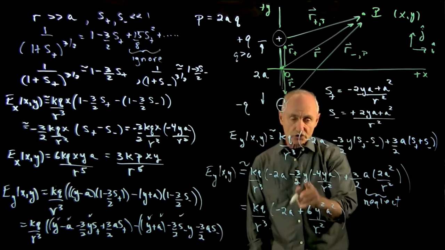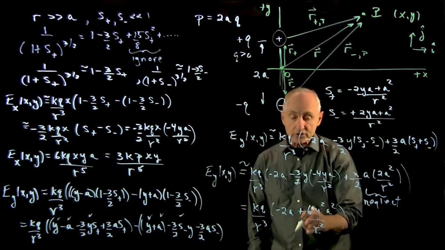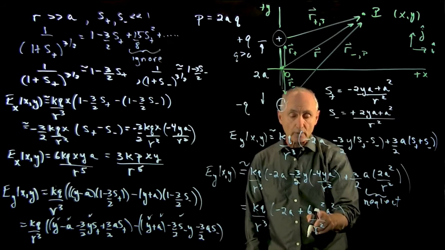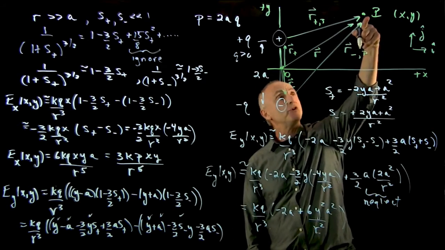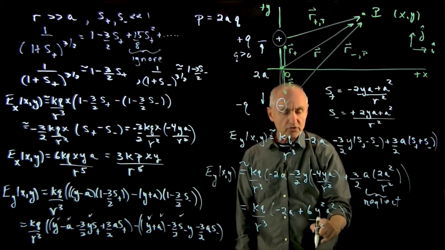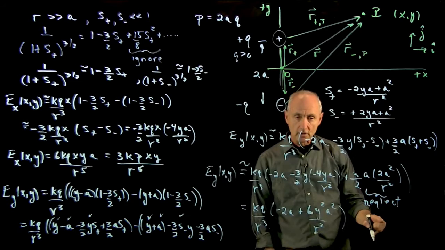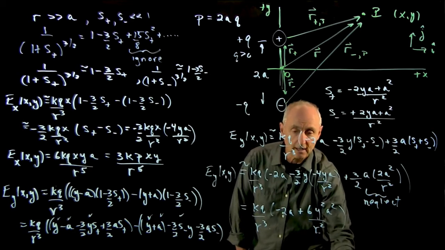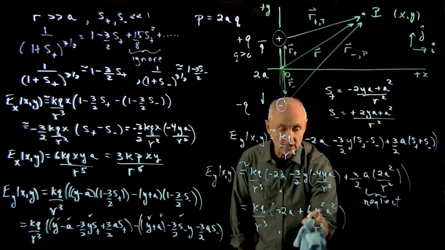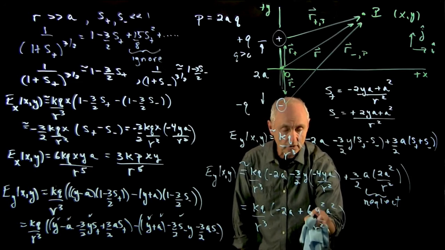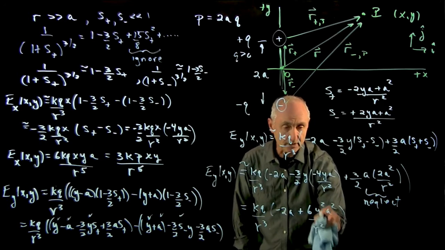And now, again, let's just check orders. Why didn't we throw this term away, a squared over r squared? But remember, y is the position of the field point. It can be on the same order as r squared. So we should have no factor a squared here. And that's a nice check, because these have the same order. This can't be right.